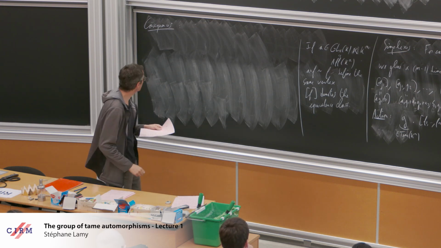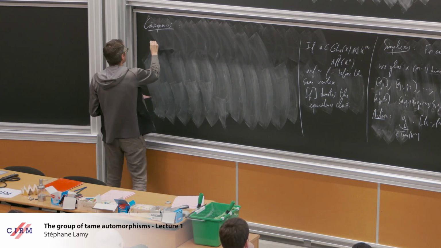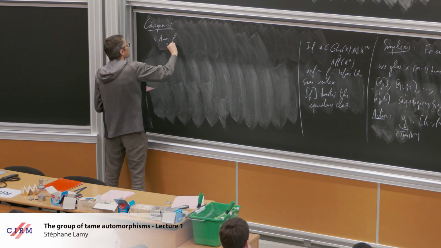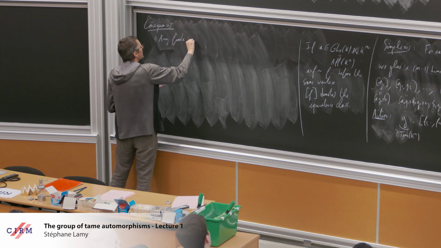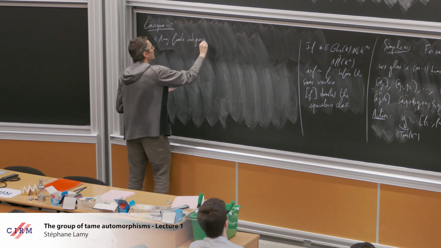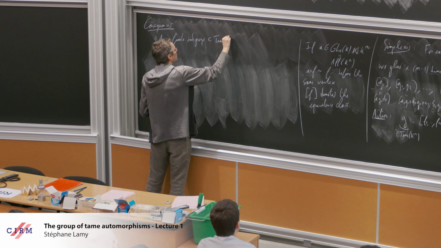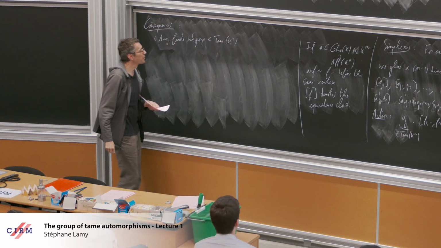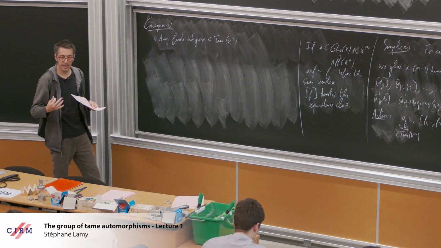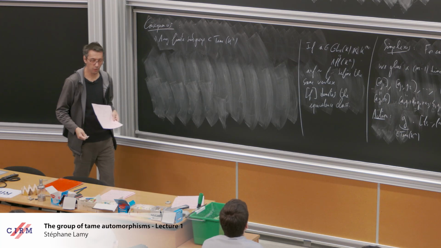Maybe the easiest one is about finite subgroups. So first, any finite subgroup inside my Tame group in dimension 2 is linearizable. It's conjugate to a finite group in GL2.